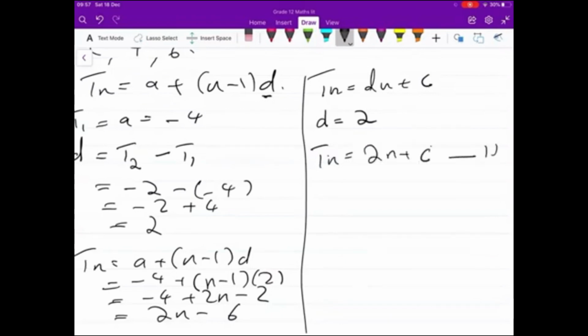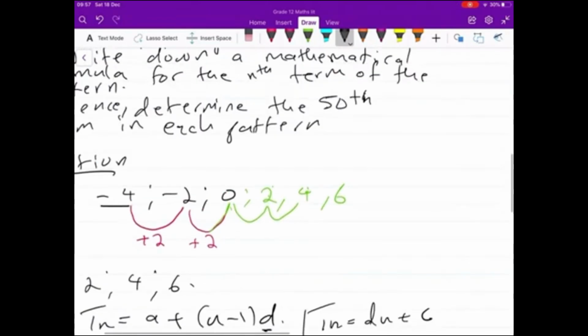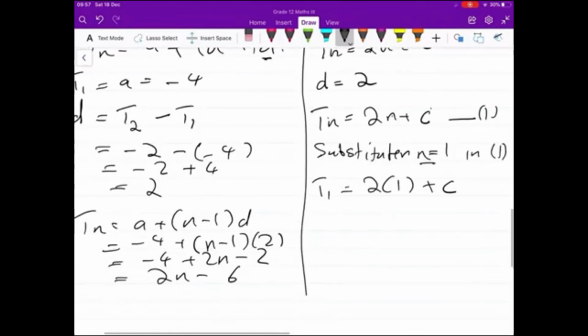And then we call this equation 1. Then we will substitute n equals 1 into equation 1, so that we have T1 equals 2. What is the value of n? It's 1, plus c. Well, what is our first term? Our first term is minus 4.